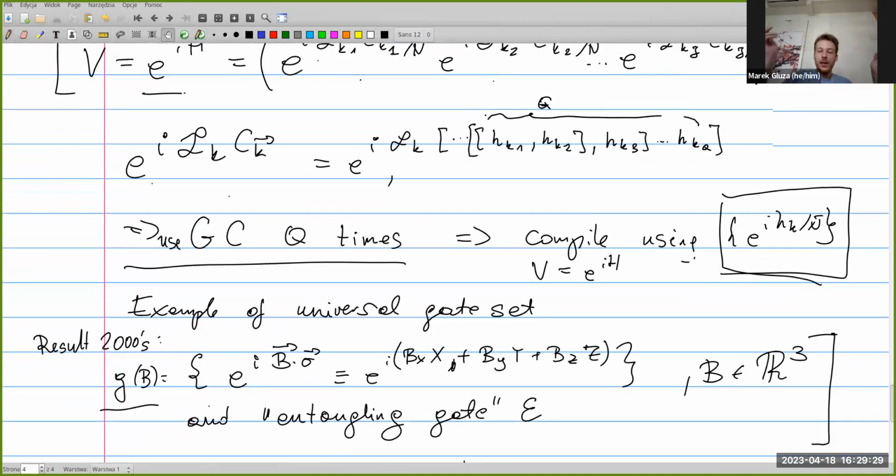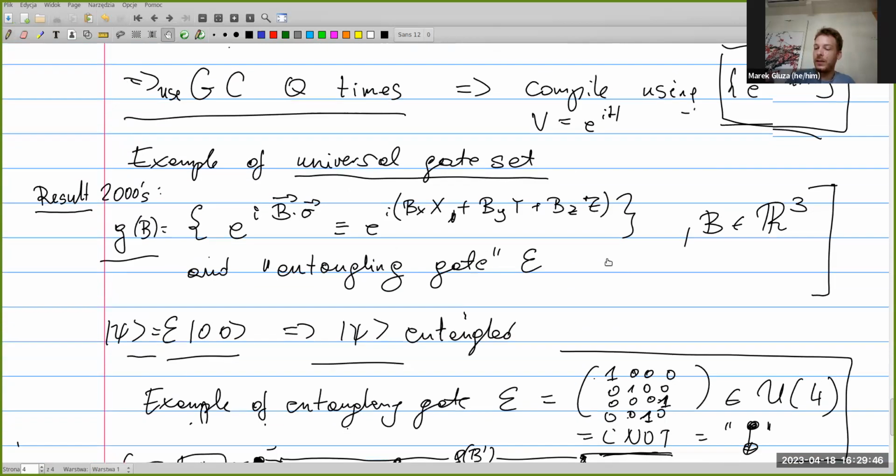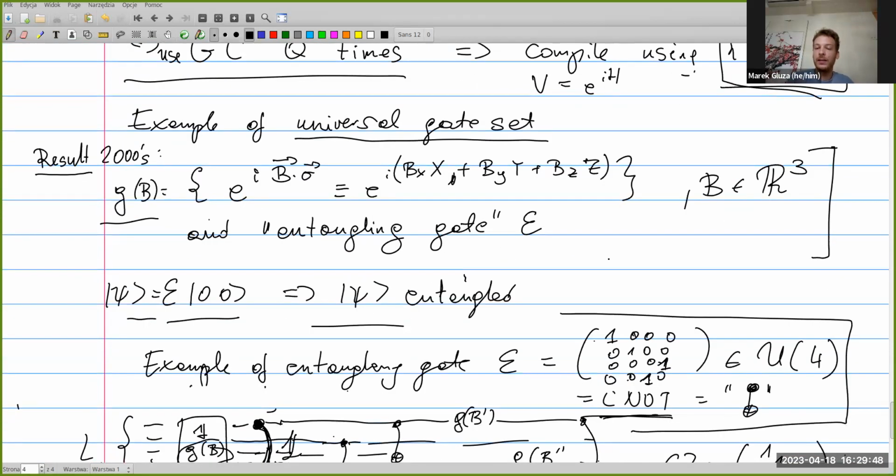And then voila, you have a universal gate set in hand. That's the nice message. That was very nice theory, and top researchers in quantum information were deriving those results, that you don't need the CNOT. Any entangling gate would suffice together with single qubit rotations. That's the good message.